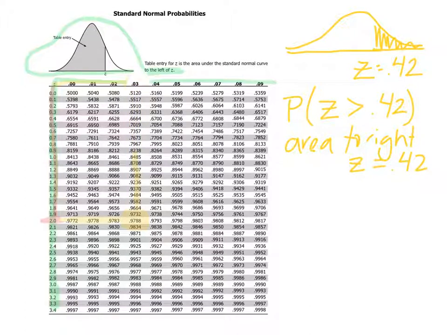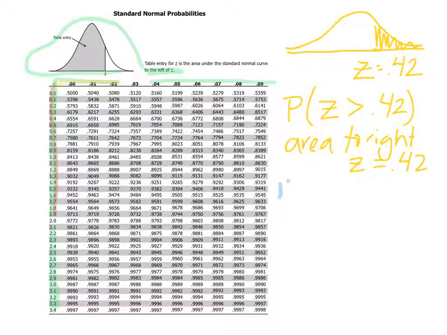okay. All right, I'm going to erase this stuff on our z-table. It's not good to write on your z-score table because you're going to use it all the time, so it's easier to just use it and not write on it a whole lot. Okay, so z equals 0.42. There are two different ways we can do it.